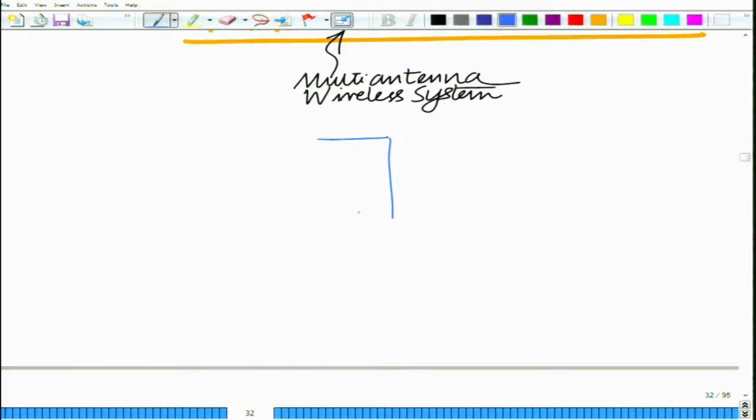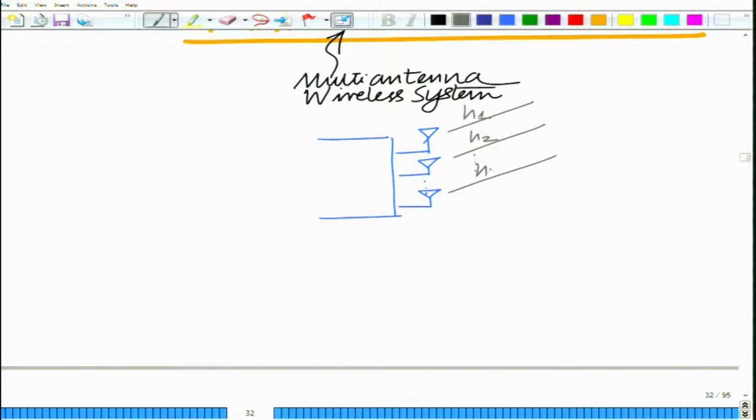Remember, a multi antenna wireless system has multiple antennas for improved performance. So, I have multiple antennas, and corresponding to these I have multiple channel coefficients h1, h2 to hL.